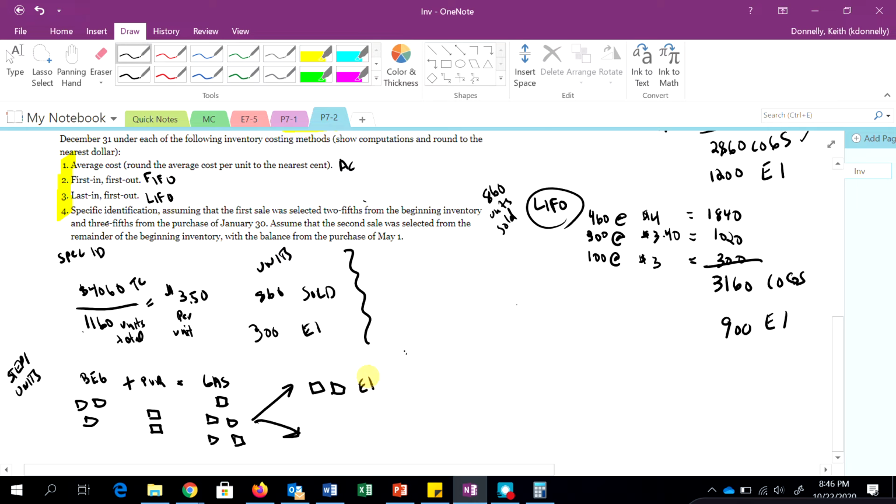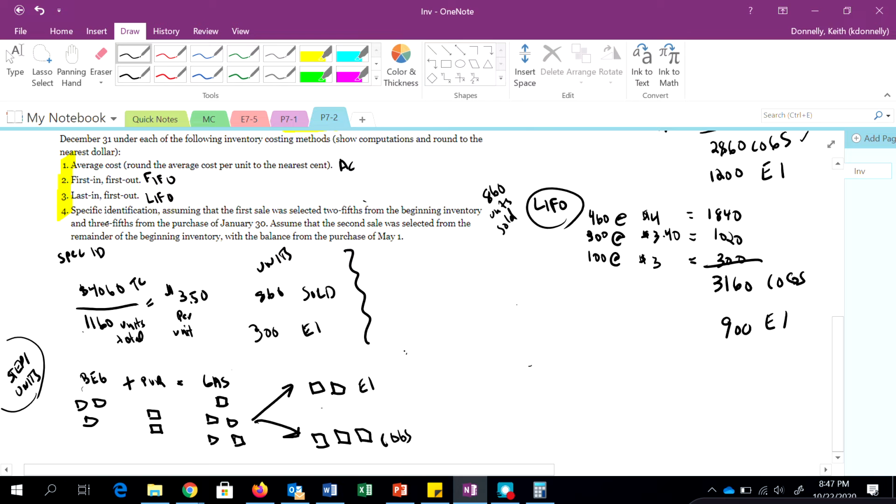So that's ending inventory. If we have 2 left over, and at our max capacity we had 5, that means we must have sold 3. But that's just step 1.